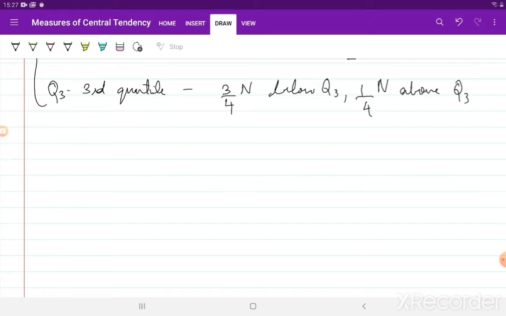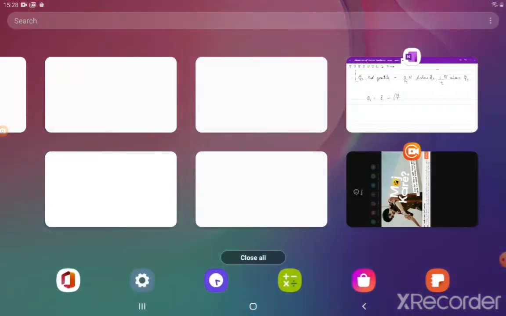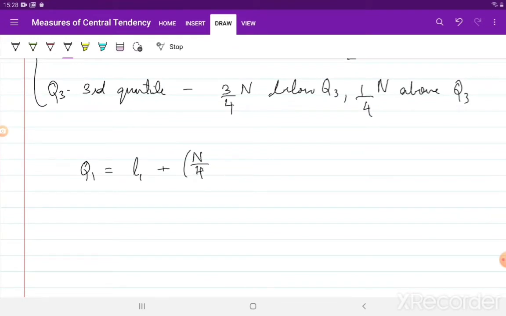When you have a frequency class distribution, your Q1 value will be L1, which is the lower limit of the first quartile class, plus n by 4, since 1/4 of the total observations lie below the first quartile, minus m, divided by f, which is the frequency of the first quartile class or the Q1 class, into C, where C is the size of the class interval.